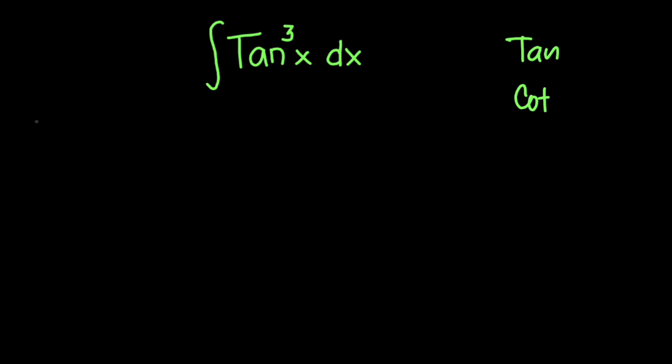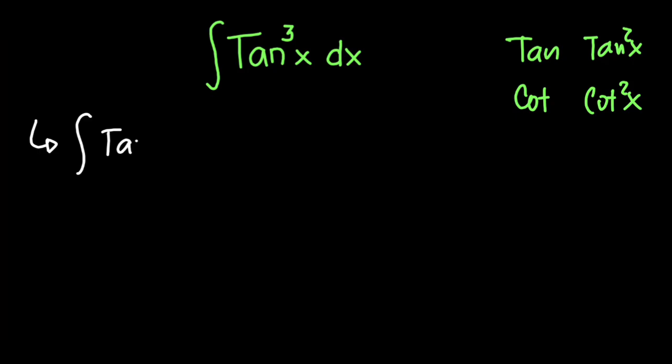So we can move on to the next step, which is to factor out either a tangent squared of x or a cotangent squared of x. In our case, we have a tangent cubed of x, so let's factor out tangent squared of x and multiply that by the remaining tangent of x.